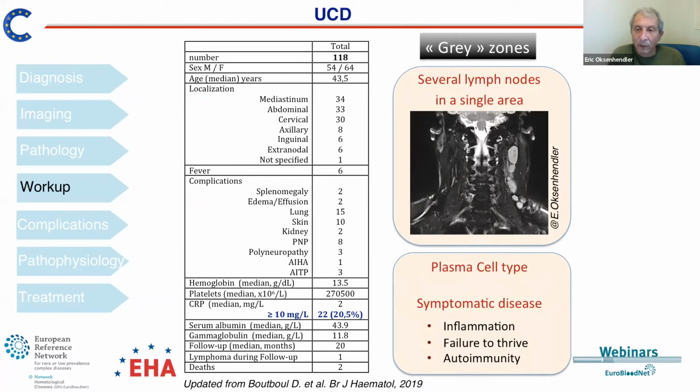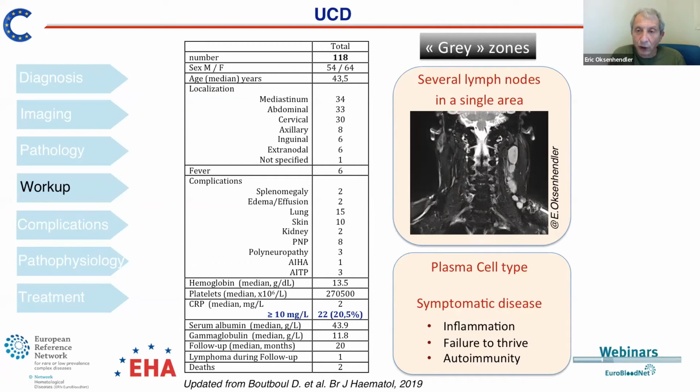This is the case of the patients with several lymph nodes in a single area. These patients are usually considered as UCD, even if the treatment problem will be tough for the surgeon sometimes.